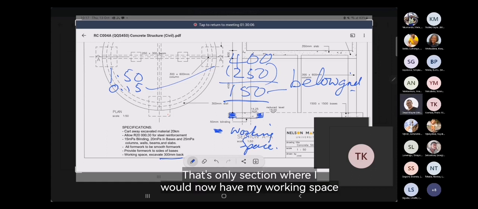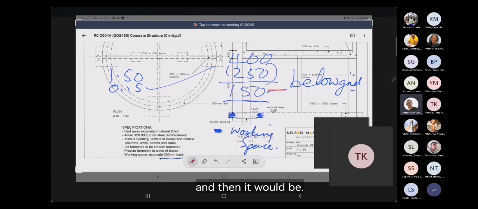That's the only section where I would now have my working space. The working space is there.